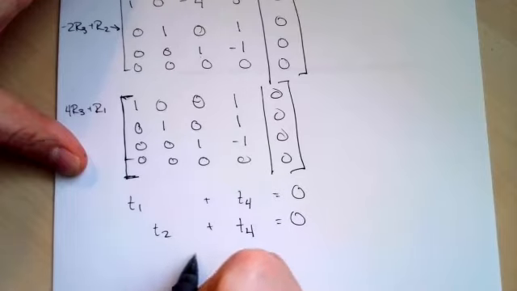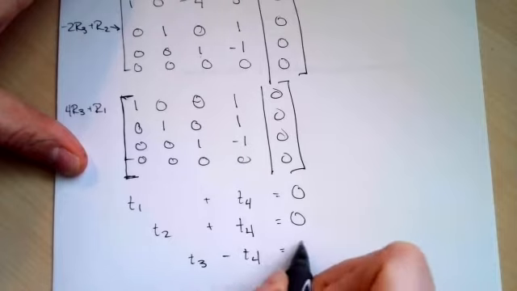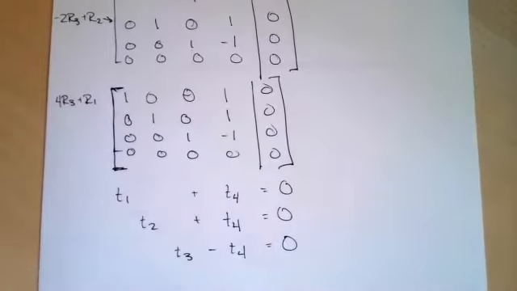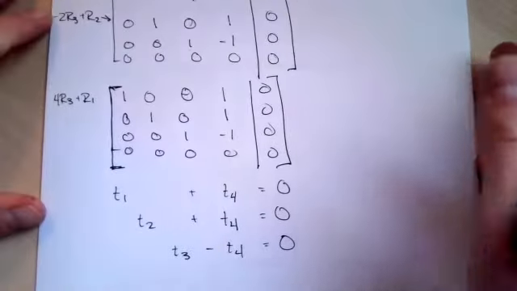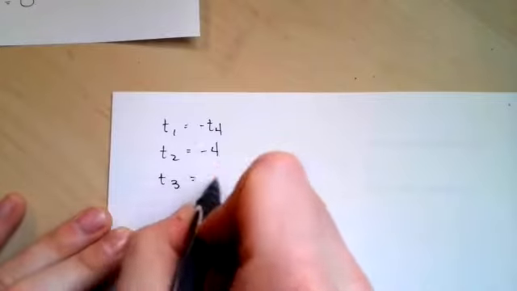And then T3 minus T4 is equal to 0. And now another way of writing it. T1 is minus T4. T2 is minus T4. And then T3 is equal to T4.